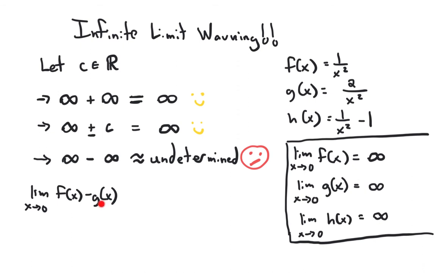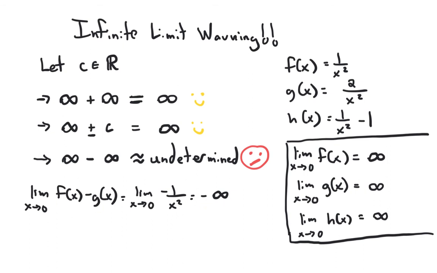So you'd have infinity minus infinity, and you'd think, well, what does that mean? But we can simplify that. We have 1 over x squared, that's f of x, minus 2 over x squared. So we're left with the limit as x approaches 0 of negative 1 over x squared, which is indeed negative infinity. So we came up with an example of the form infinity minus infinity, and we get negative infinity.